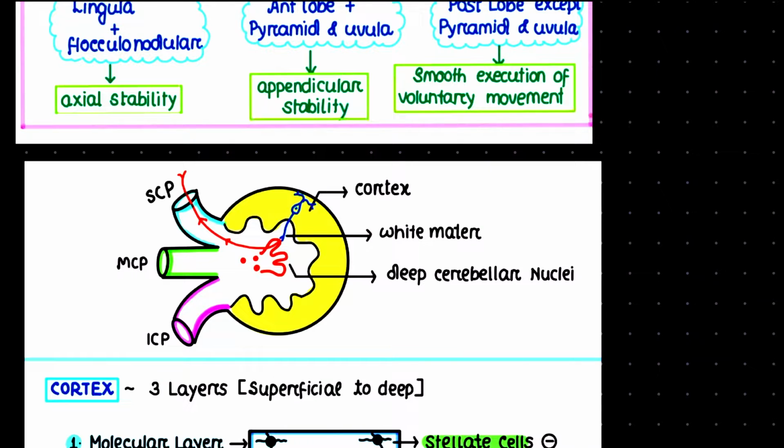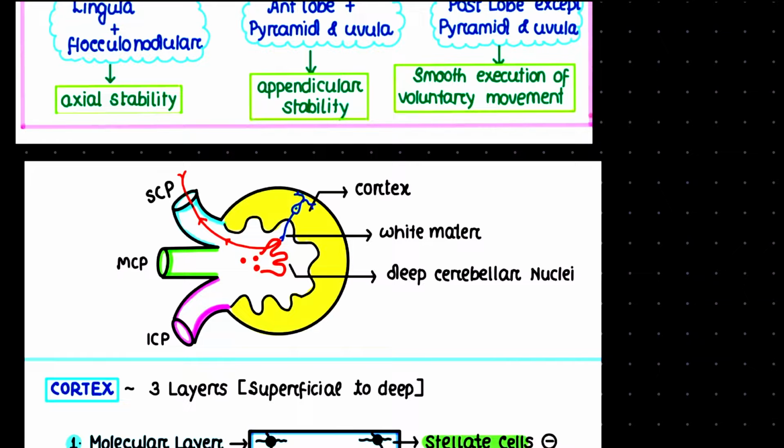So what will be the pattern of discussion? Initially we'll talk about the cortex and its different layers, and then the cells within them. In white matter, we'll talk about the deep cerebellar nuclei. And in the peduncles we'll learn about the tracts present within them.